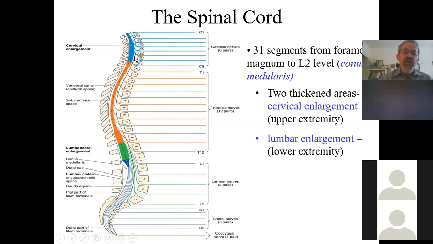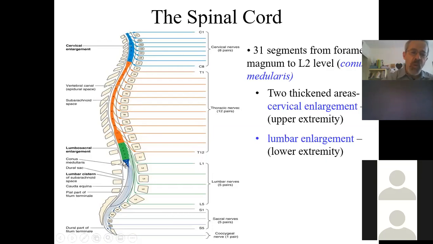Now, if you look at the region itself going from top to bottom, one interesting thing is, even though we have this nerve going all the way down to the coccygeal, you'll notice that this colored area stops at about right here. Starts up here, blue, orange, green, and then this blue. This is actually the anatomical end of the spinal cord.